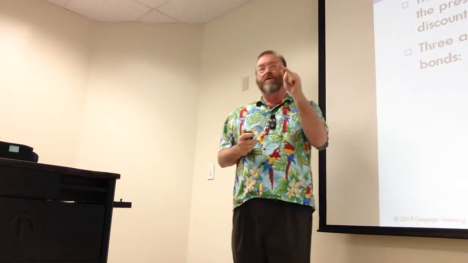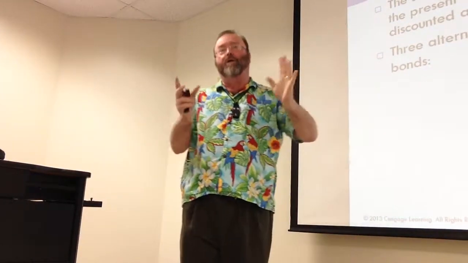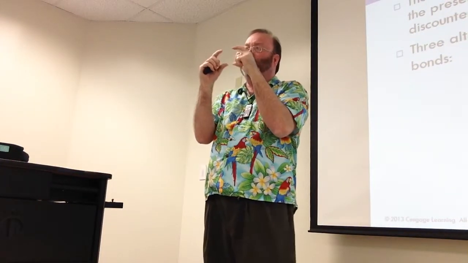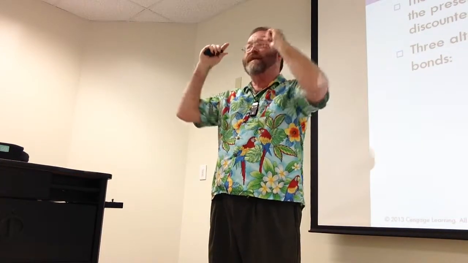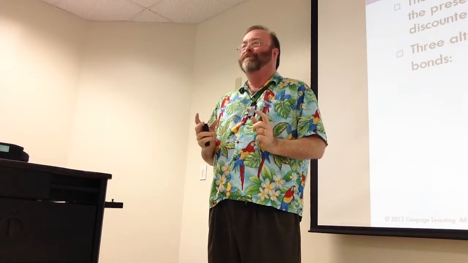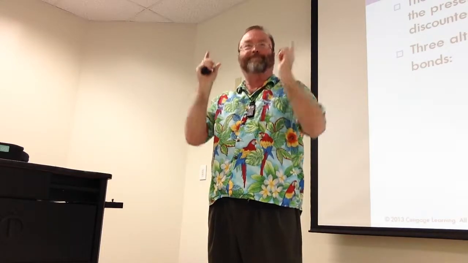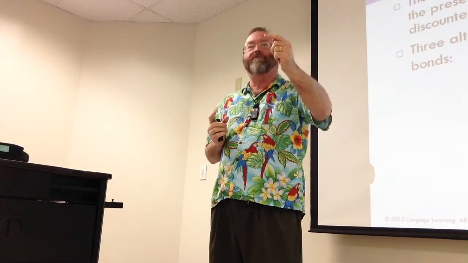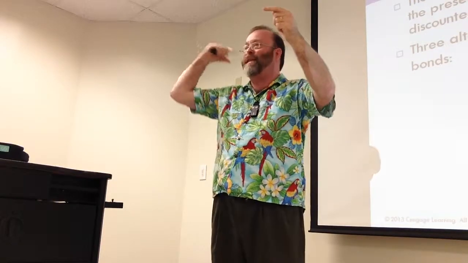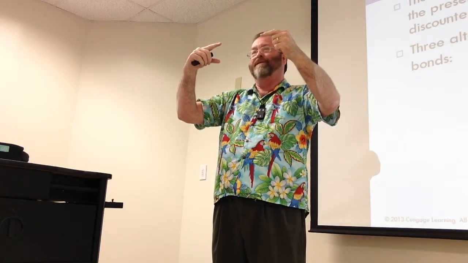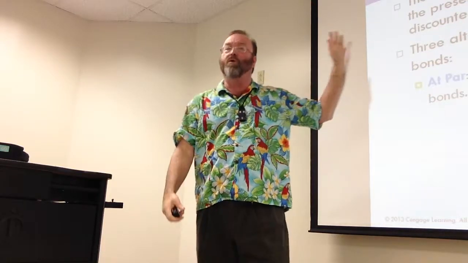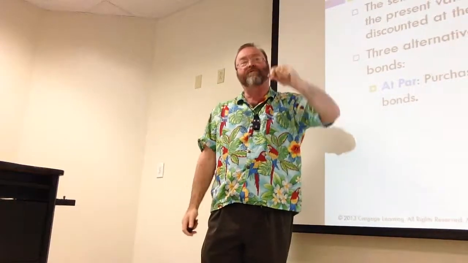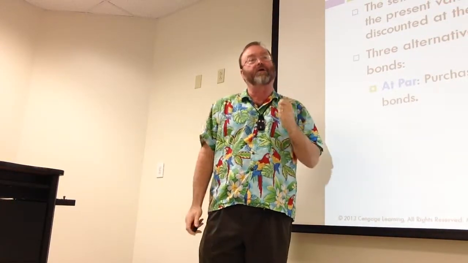Either, when you got your board of directors together and you set the face rate on this bond, you have guessed correctly. The best scenario. You have guessed the market rate. You've paid 8% and that's what they wanted. At which point they will buy it at par. They will give you exactly what you want.